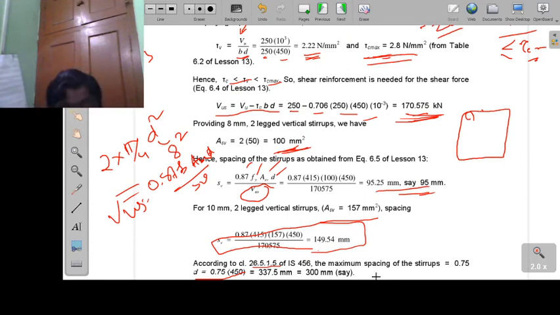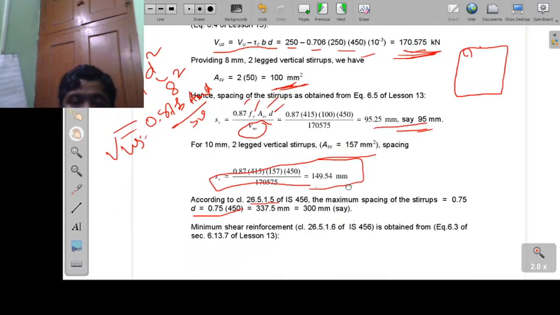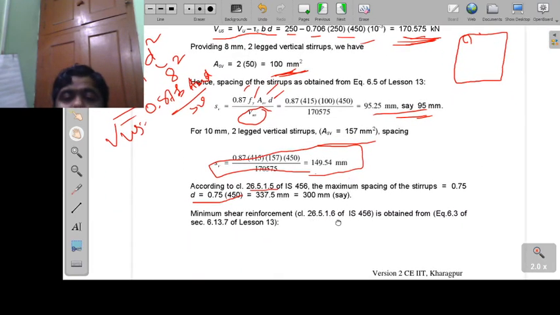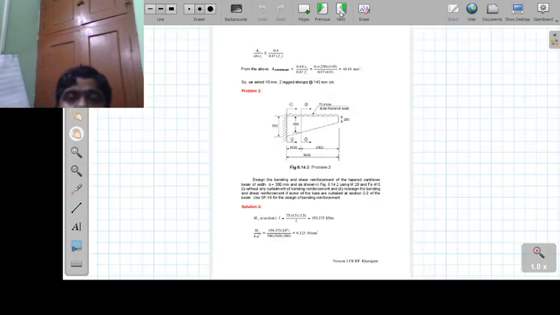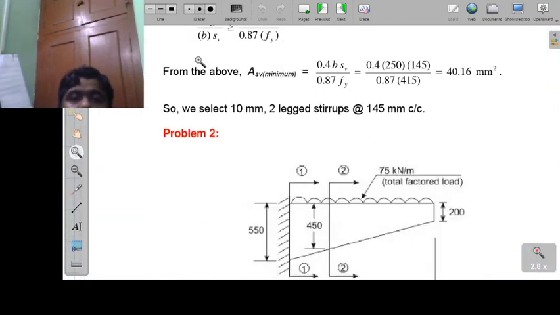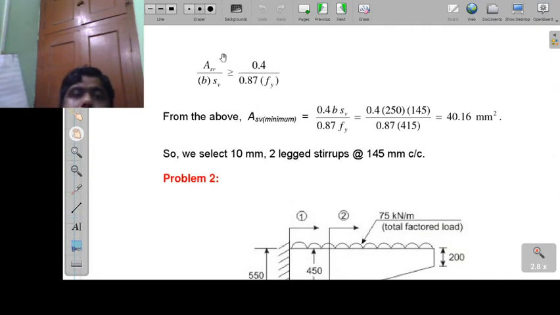We have to check what is the minimum spacing to be provided. For that we have to refer to the clause that I have shown you earlier. It is 26.5.1.6. If we refer there, they have given the equation. What was that equation? That equation is Asv divided by b Sv greater than or equal to 0.4 by 0.87 Fy.